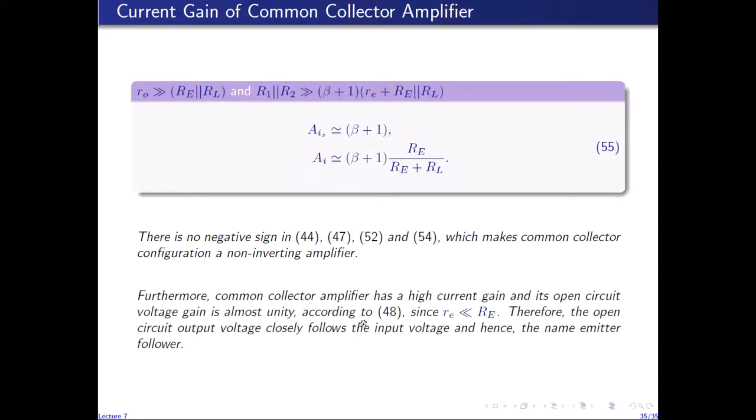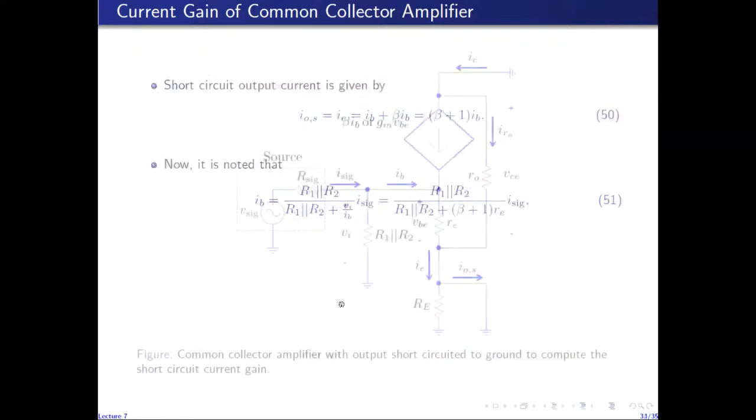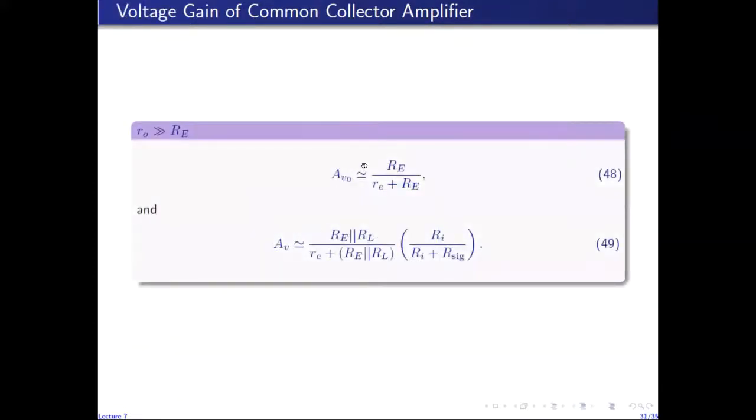Furthermore, we observe that the well approximated open circuit voltage gain, which is given by this expression, is almost 1, because small re is very small compared to capital RE. So the denominator can be approximated with capital RE, which will then get cancelled with the numerator.